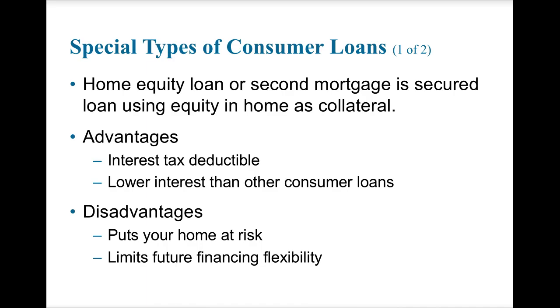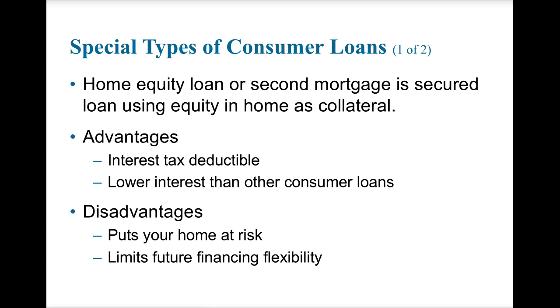Now let's talk about some special types of consumer loans. We have the home equity loan or second mortgage, which is secured on the equity of a home as collateral. So what does this mean? Basically, you buy a house, and in 10 years, the price of the house could double. Even though you've been paying off your mortgage, the amount of principal you pay off will also be added to the equity value of your asset.